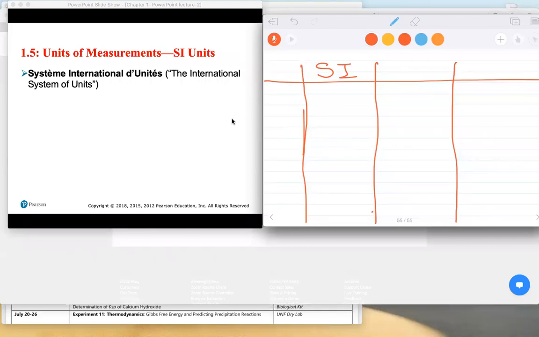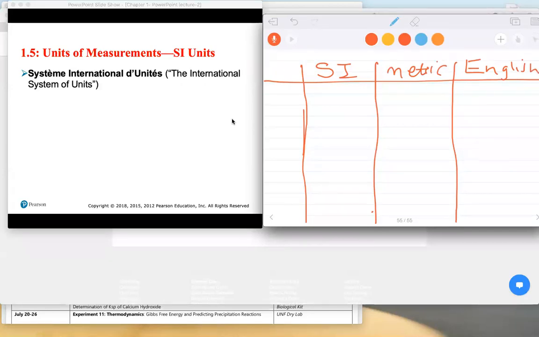We have what we call the metric system right here, which we use heavily in the lab. When we come to lab, we use the metric, but when we go home in the real world where we live, we use what we call the English system of measurement.